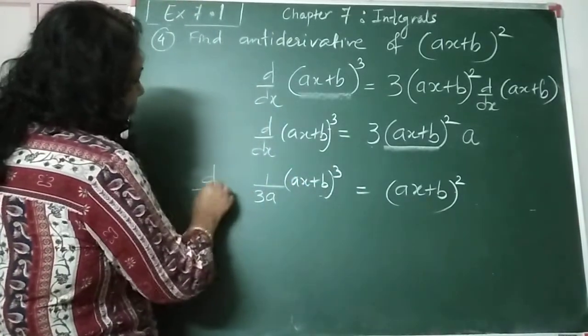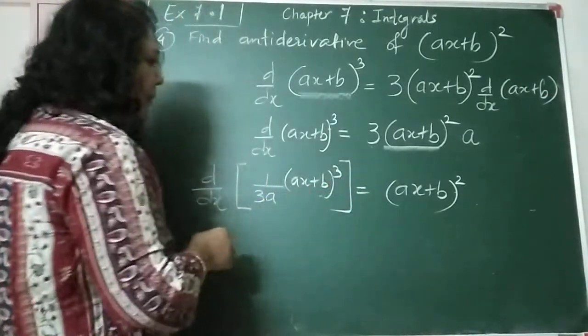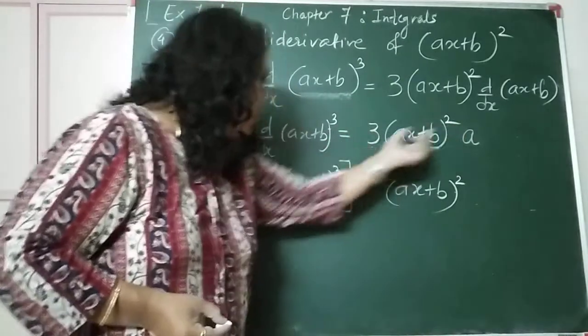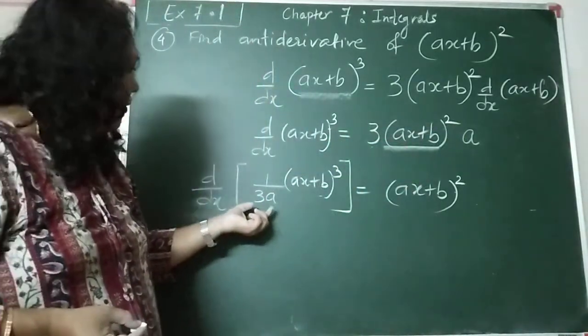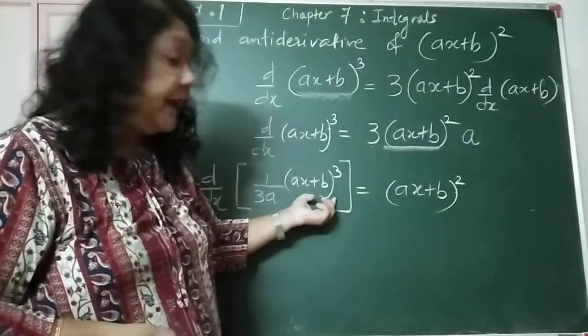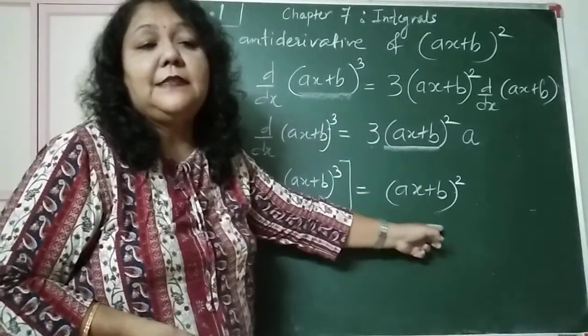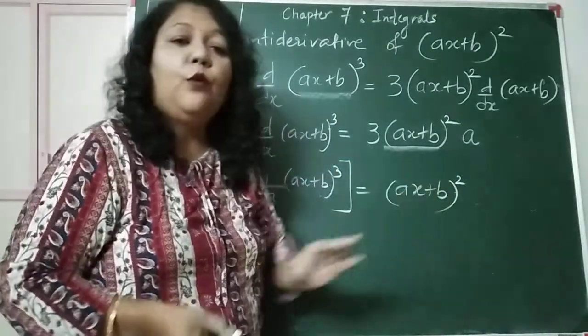If you do d by dx of this whole thing, the 3 and a you cross multiplied and brought down, so if you differentiate 1/(3a) into d by dx of (ax + b) whole cube, you will get the answer (ax + b) whole square.